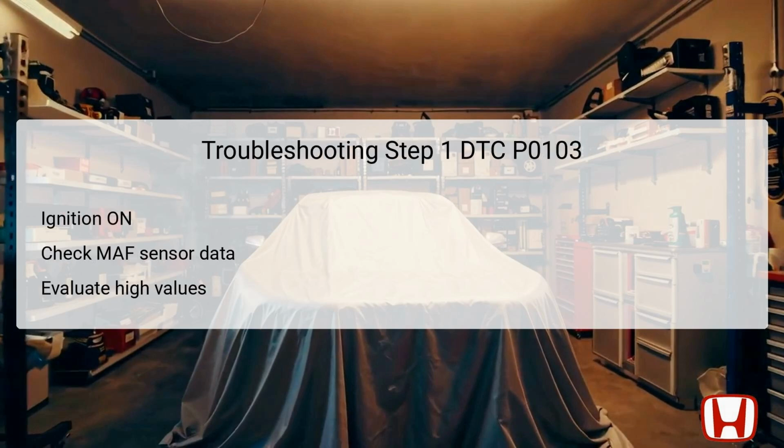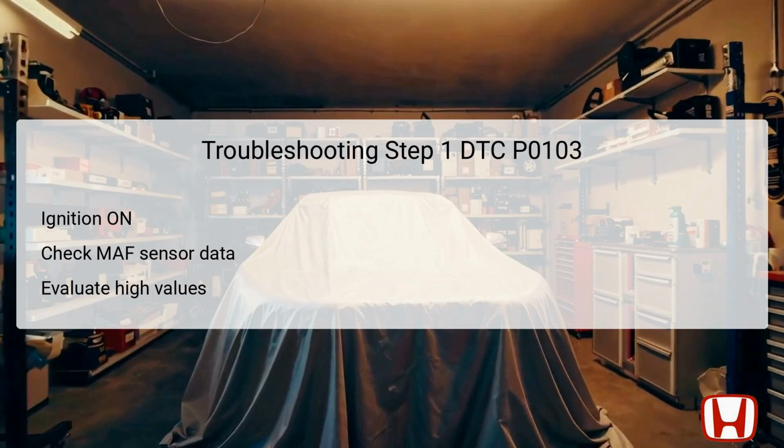The first step in troubleshooting DTC P0103 involves verifying the problem adequately. Begin by turning the ignition switch to on or pressing the engine start-stop button to select the on mode. Using the Honda Diagnostic System, HDS, check the MAF sensor data in the data list.